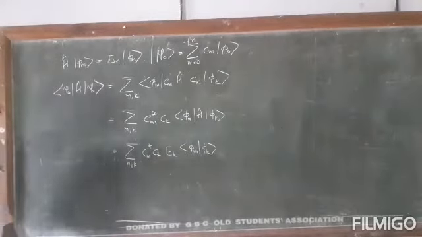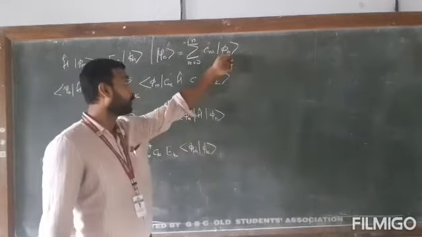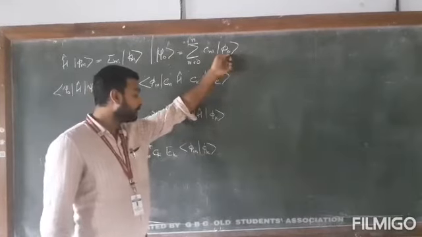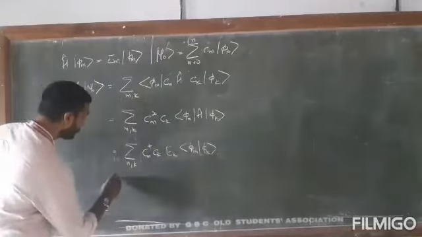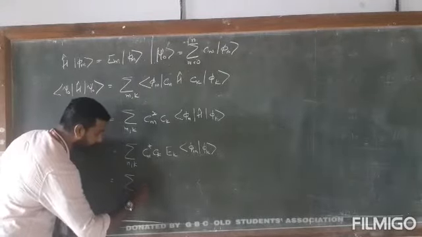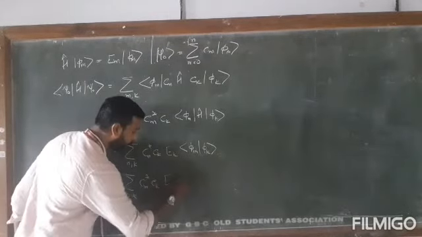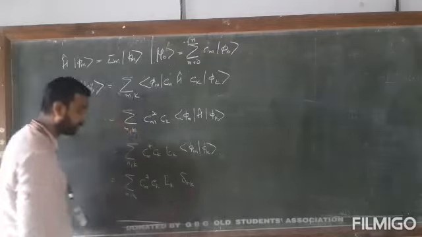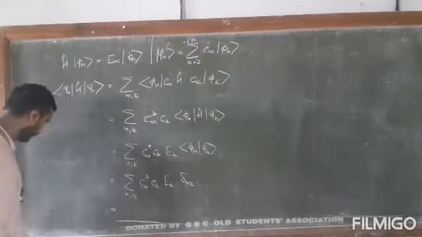Okay, now this ⟨phi m|phi k⟩, since we assume the eigenstates are a normalized or orthonormal set, this inner product would become the Kronecker delta. So we get sum over m, k of Cm star Ck Ek, the Kronecker delta mk, and if we sum it over k, what will be the final result?